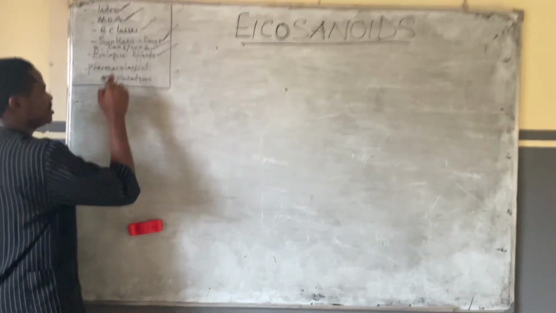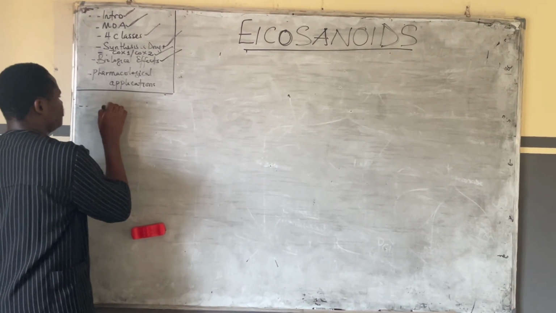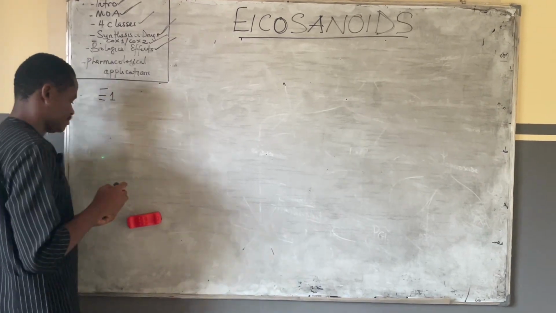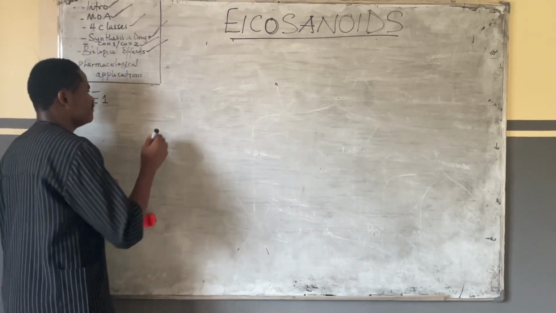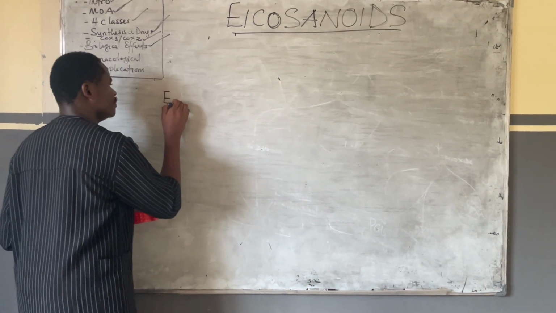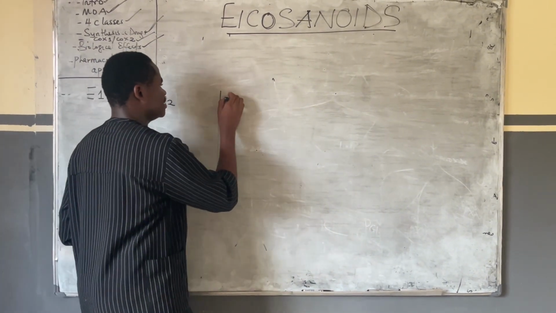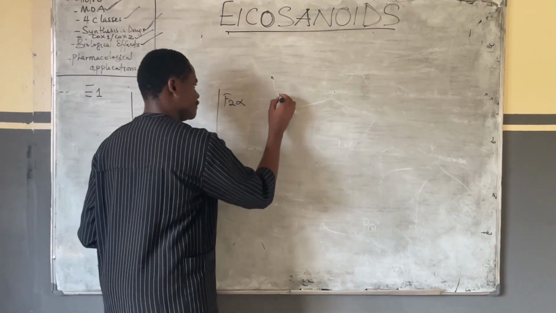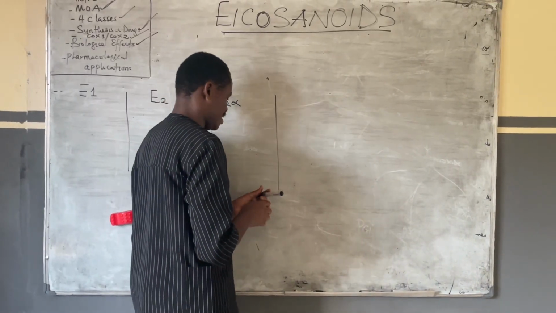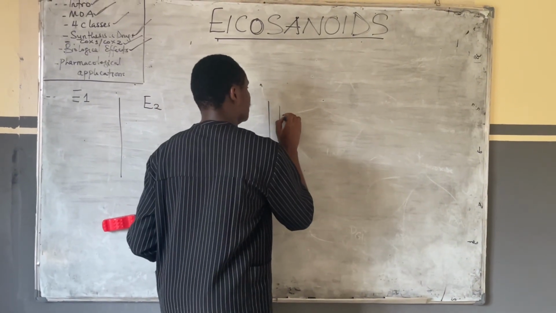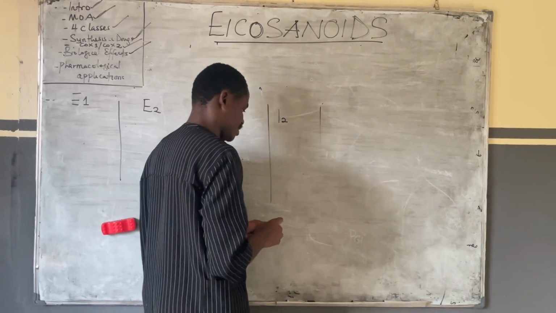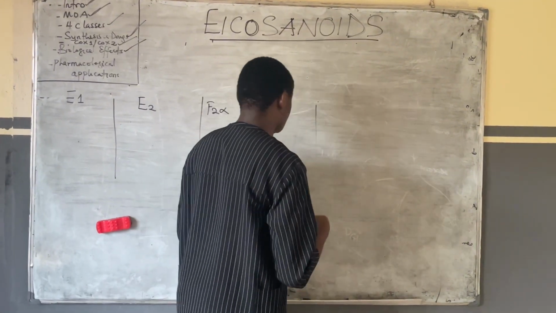the receptors through which it can act biologically, we have prostaglandin E1, prostaglandin E2, prostaglandin F2 alpha, prostaglandin I2. Okay, what other ones do we have?